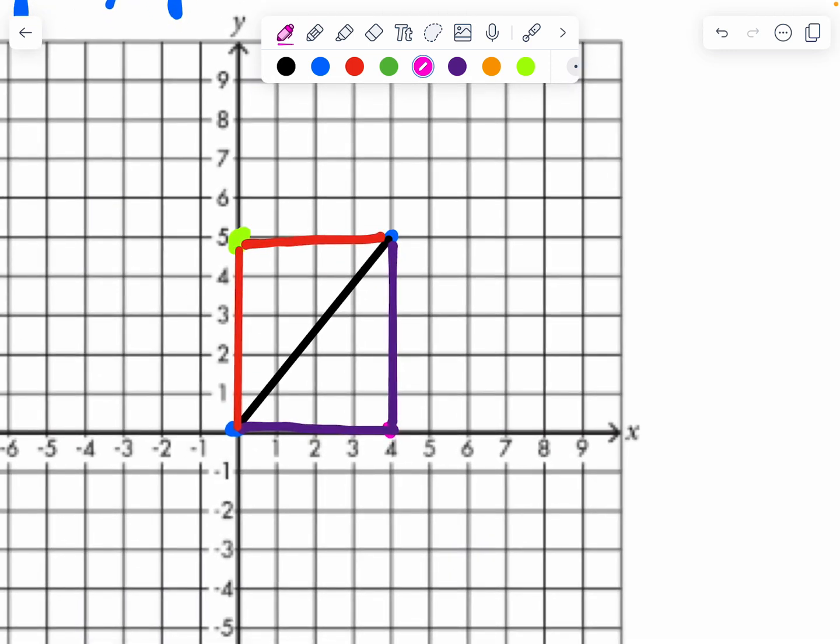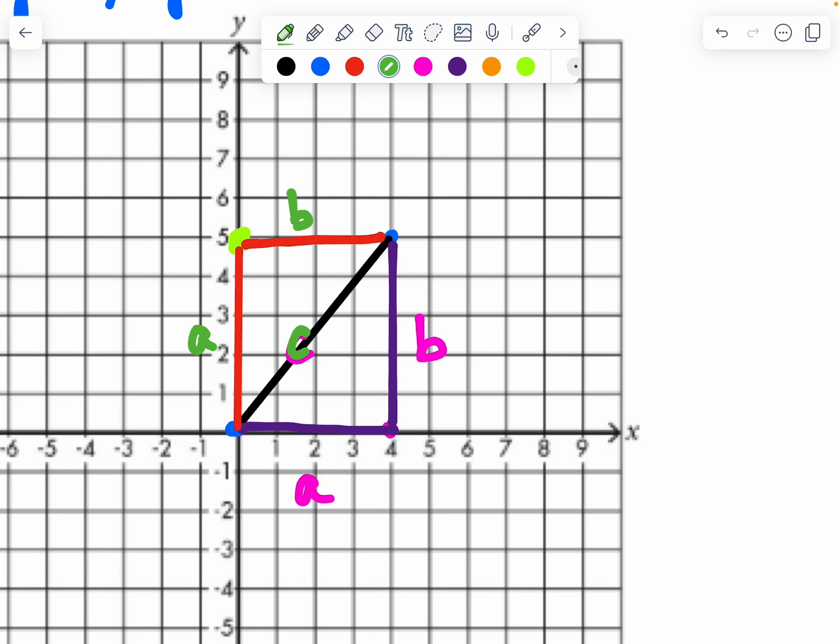So first thing we need to do, plot those points, connect your lines, and then I'm going to label them as A, B, C. If you went the other direction, then A, B, and that's still C.